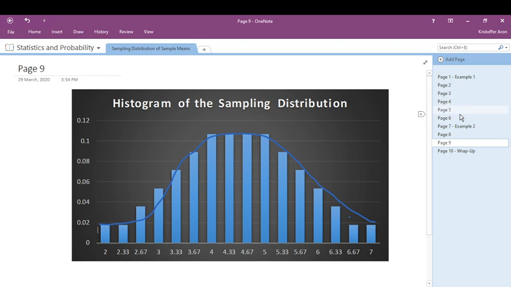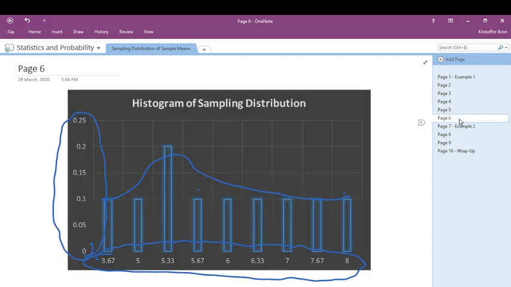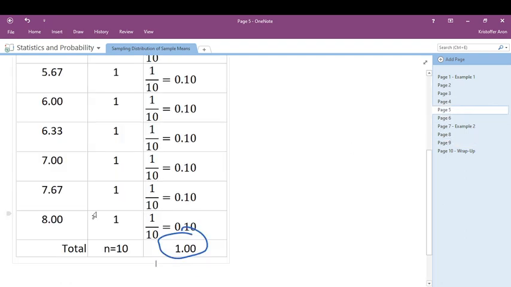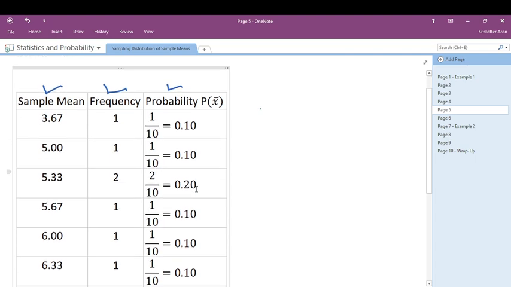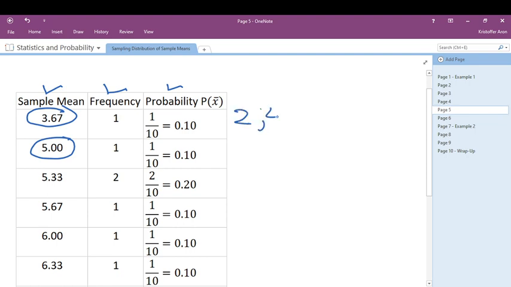By the way, if we go back to our example number 1, these are means from different samples of size 3. But let's take a look at the population mean. We have the population of 2, 4, 9, 10, and 5.